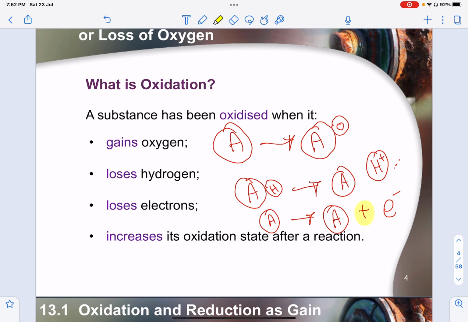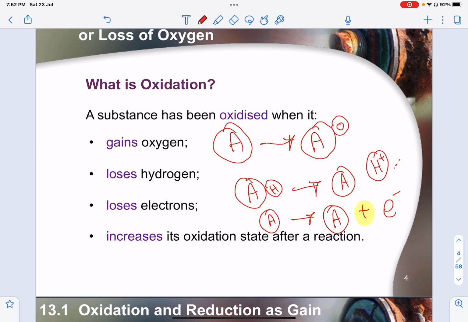We always look at the direction of where the arrow is moving to signify how the electron has been lost from the A. Then, of course, oxidation state will be the overall, in your ionic equation, you have on the top right hand superscript, you see a charge. That charge will follow the reactant, and from there we can see if there is an increase in the oxidation state, that means an increase in that numerical value, then it has undergone oxidation. If it has reduced, it has undergone reduction.